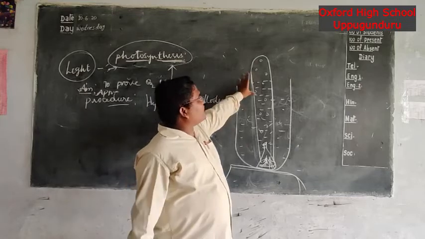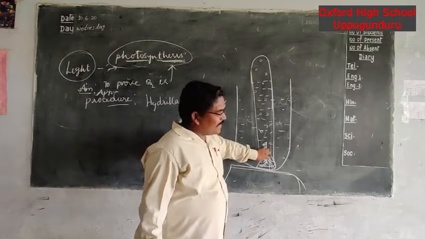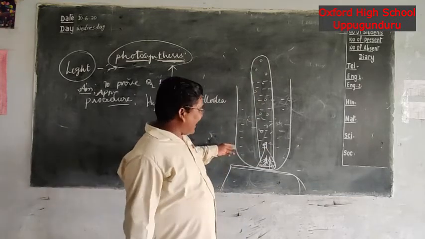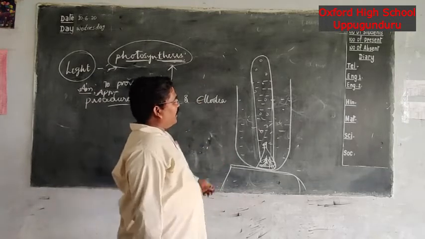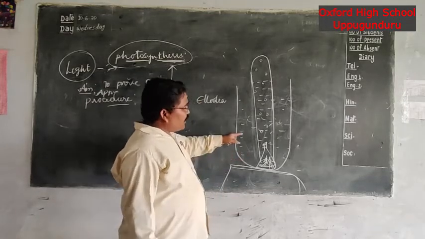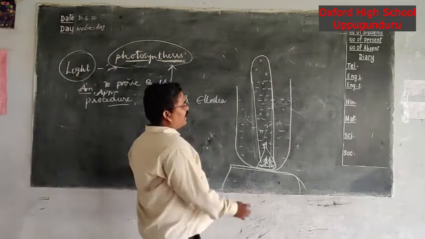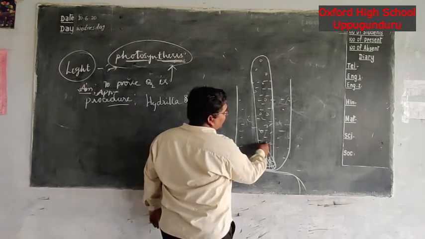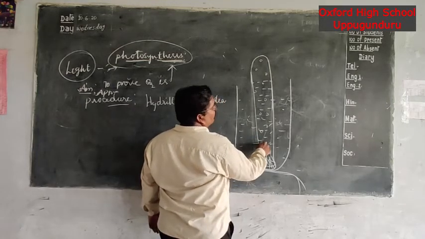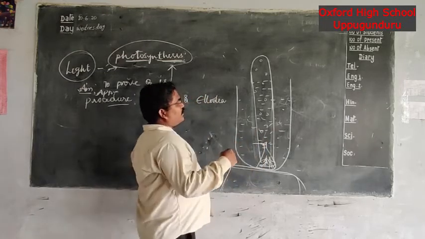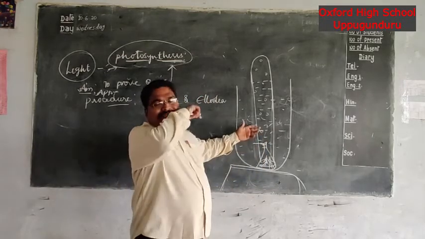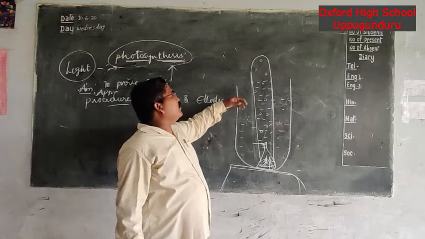Invert a test tube full of water over the stem of the funnel. Next, remember one thing here: the level of the water in the beaker is above the level of the mouth of the funnel. In this way, the water will not escape from the test tube.